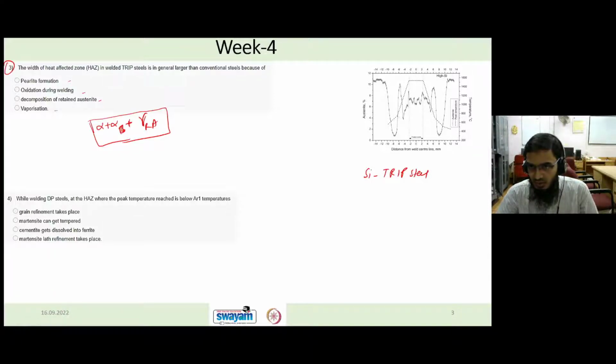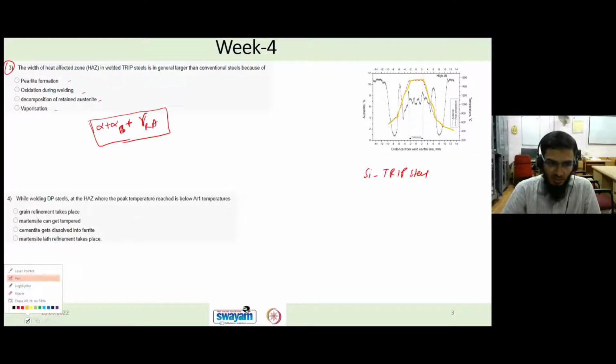The first one is temperature, which is shown here in yellow. I'm highlighting it by yellow color, and the second one is the austenite fraction, as you move far away from the weld center line towards the parent metal.